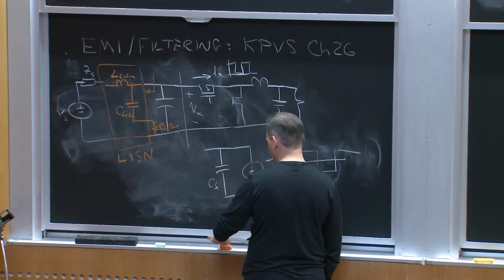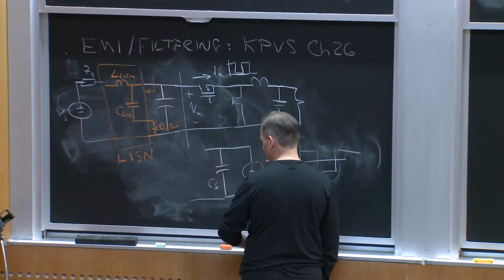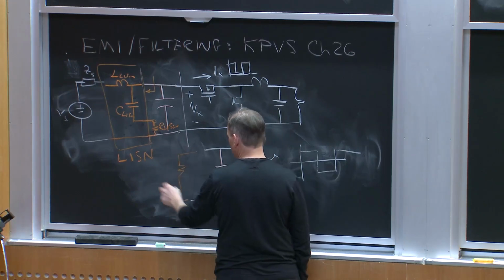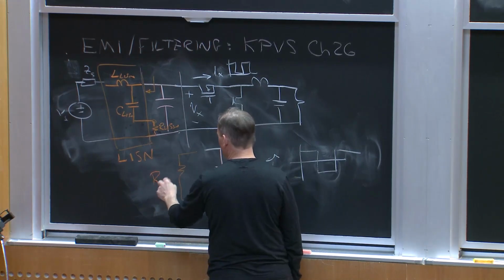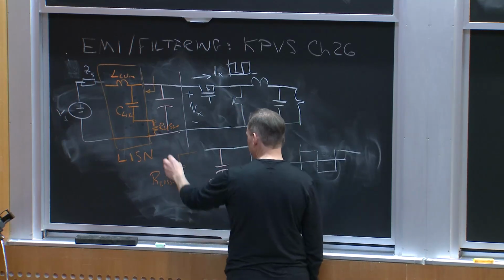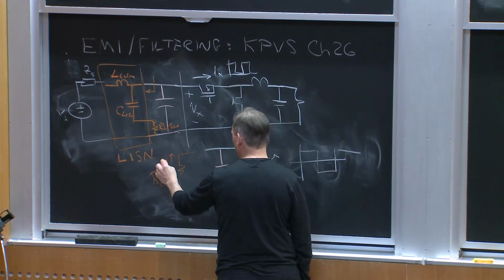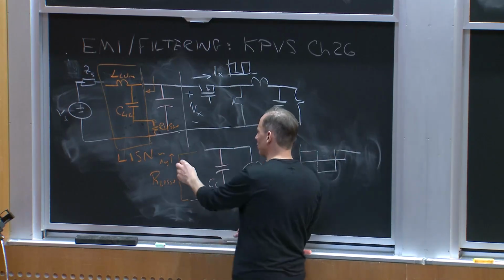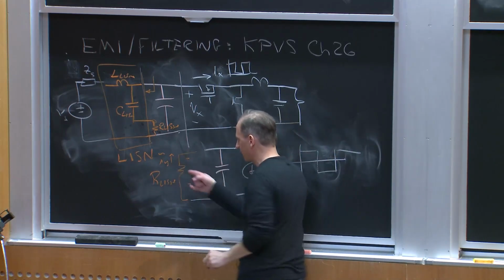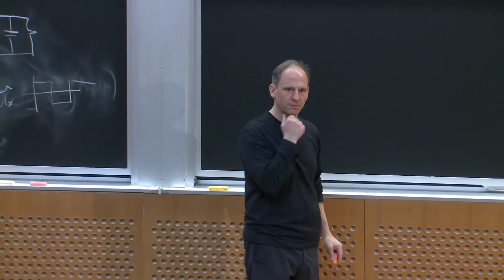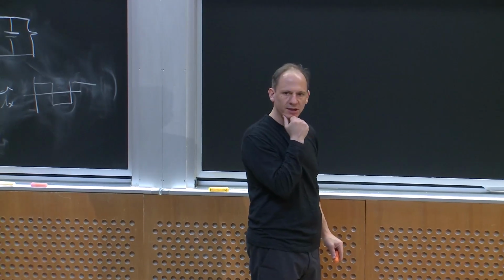And then that goes back into some impedance, which in the test stand ends up looking like our LISN. And I can measure either this current, I'll call it Iy, or, more accurately in terms of the actual test specifications, the voltage across the LISN impedance in order to make my measurements. Any questions about that?